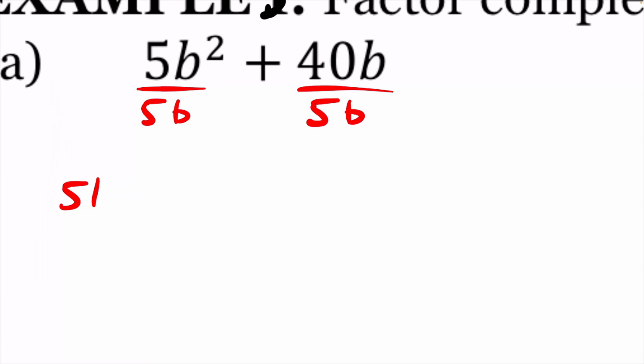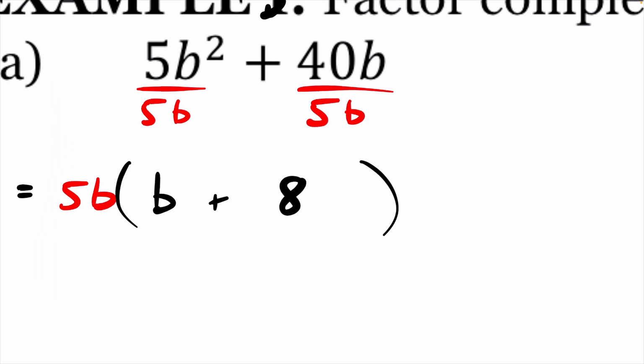That's the GCF, always goes in front. One divided by 1 is 1. If I take away a power, I have 1 power of B left, so 1B plus. 5 goes into 40 8 times. If I take away a power of B, I have no B's left, right? Okay, step 2 done.